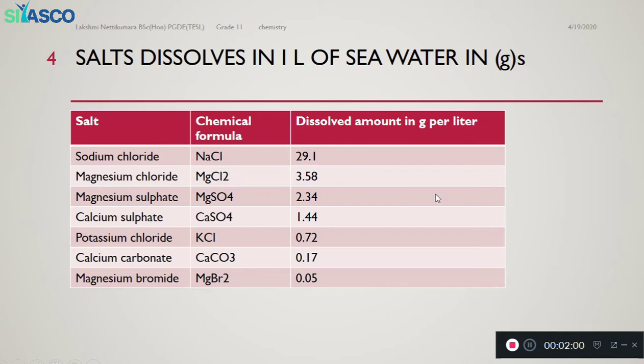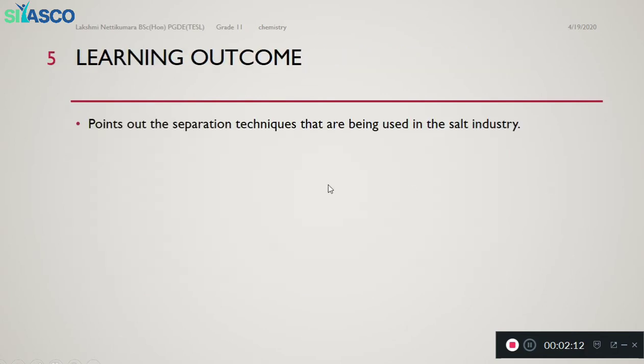So there you can understand a high amount of sodium chloride is dissolved in seawater, but other types of salts are also in seawater. Now when you learn this lesson, you have to understand the points to which you have to pay your attention.